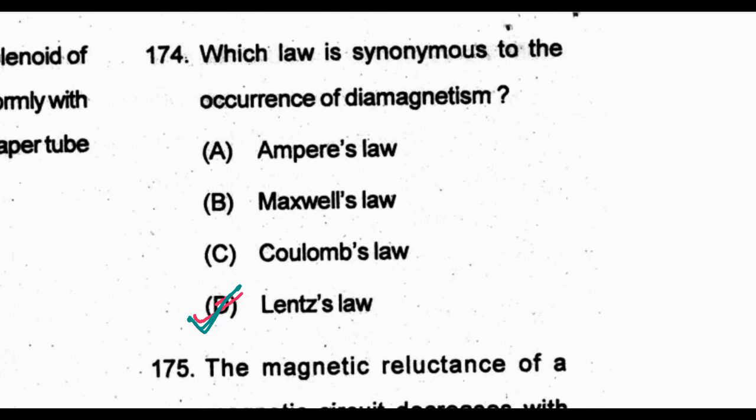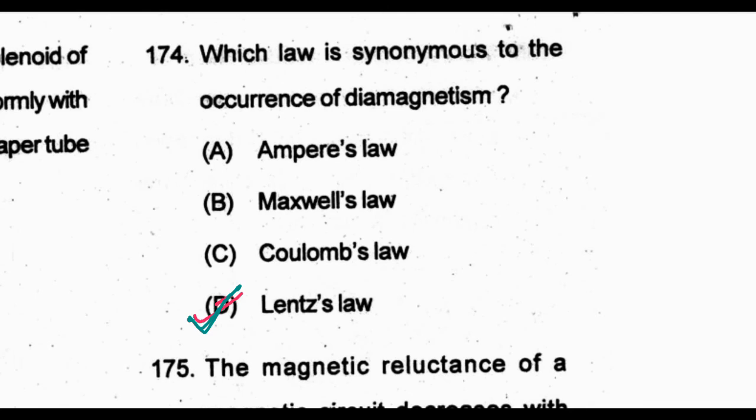Lenz's law describes that the cause is opposed by the effect of the EMF induced, which is given by Faraday's law of electromagnetic induction. Due to Lenz's law, we put a negative sign, that is minus N d phi by dt.